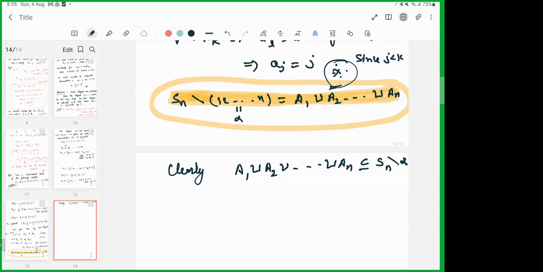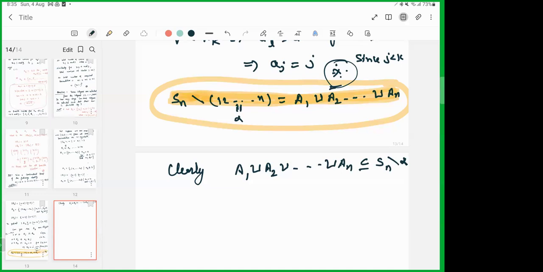Alpha is a fixed permutation, this permutation: I am fixing one permutation, 1, 2, up to n, first slot 1, second slot 2, and slot n. This permutation I have fixed.